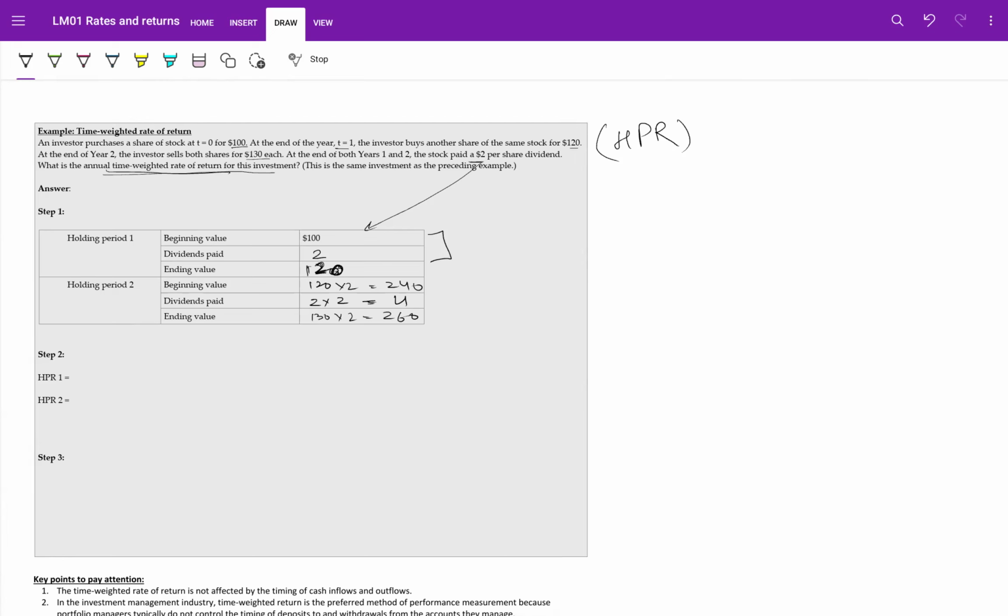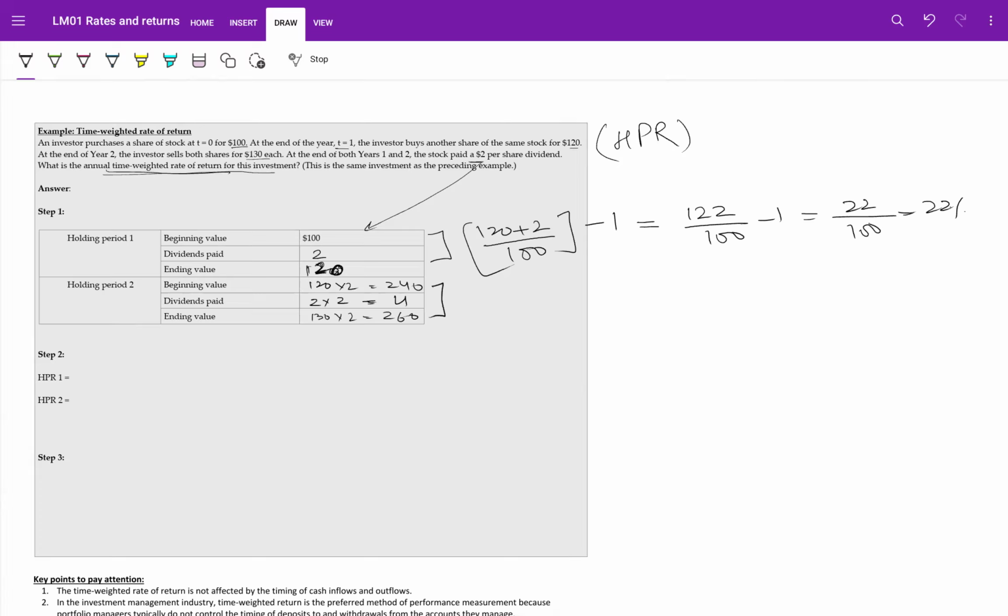When I calculate the holding period return, our stock has moved from 100 to 120. This means the holding period return is 120 plus 2 upon 100, and we subtract 1. So this will give me 122 divided by 100 minus 1. 22 divided by 100, it's 22%.